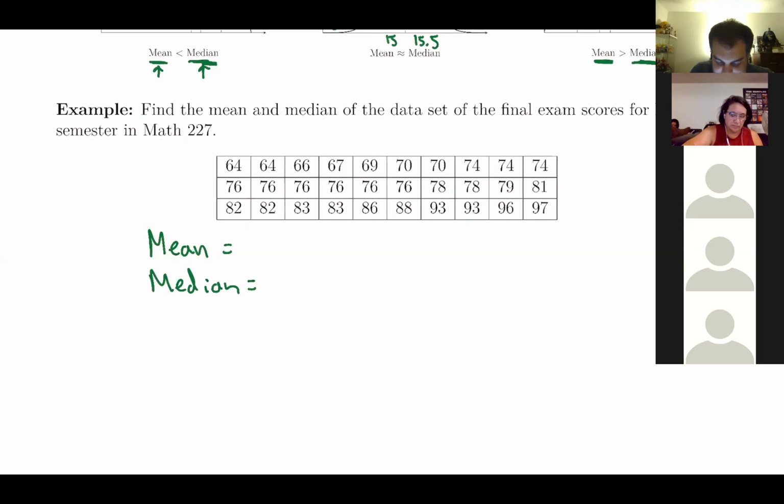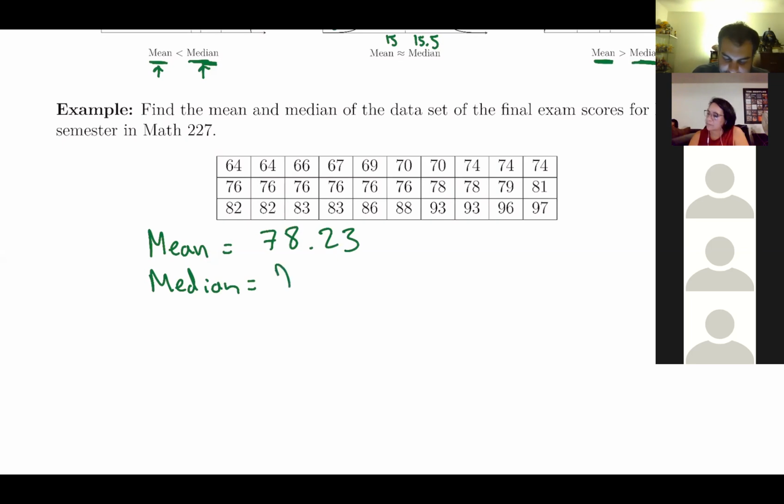Cool. So you should get 78.23. That's good. Perfect. And for the median, what did we get for the median? There you go.